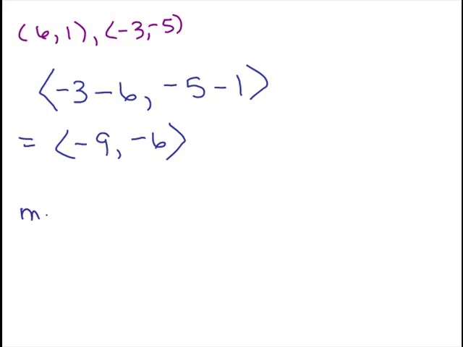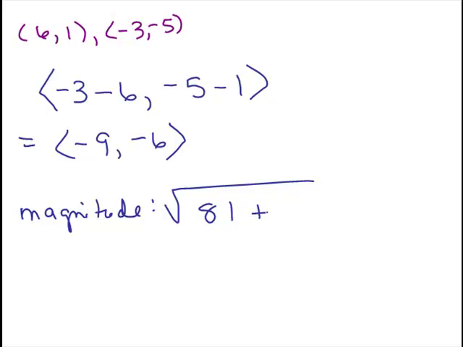All right, what's the magnitude? Just the square root of negative 9 quantity squared, which is going to be 81. Can we do that without writing that middle step? Plus negative 6 quantity squared is 36. So what is that? Square root of 117, right? Now, I think that simplifies because that's 9 times something.